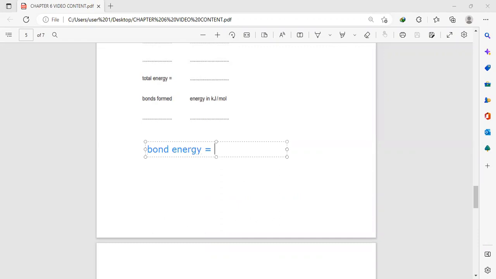So 1890 minus 2005 equals minus 115 kilojoule per mole. That is, the reaction is exothermic. Always remember, if the bond energy value is negative, then the reaction is exothermic. Now move to the next question.